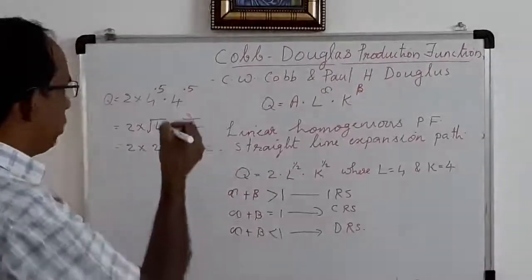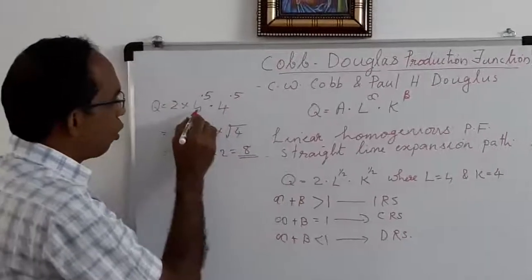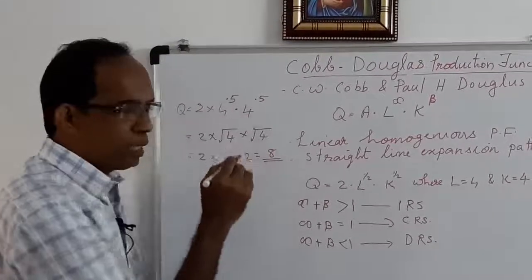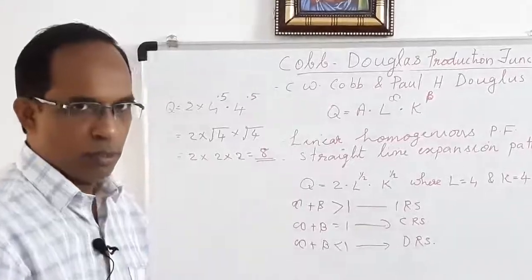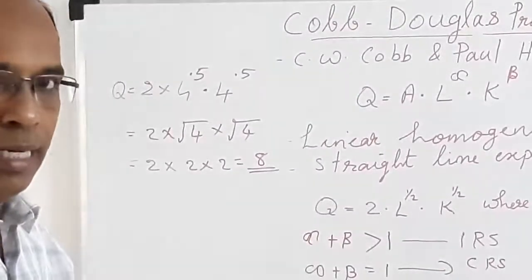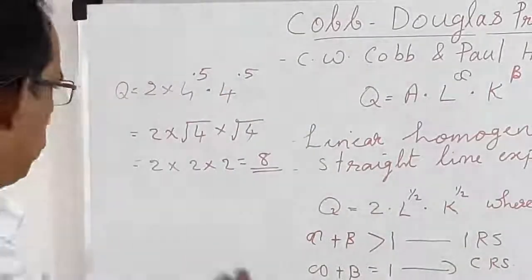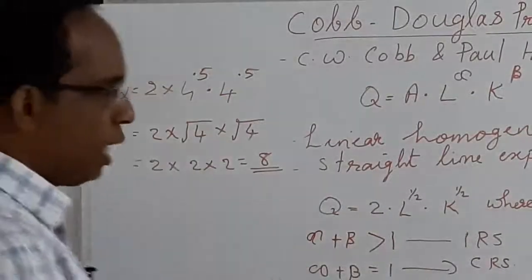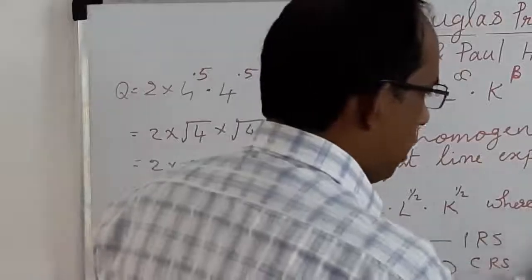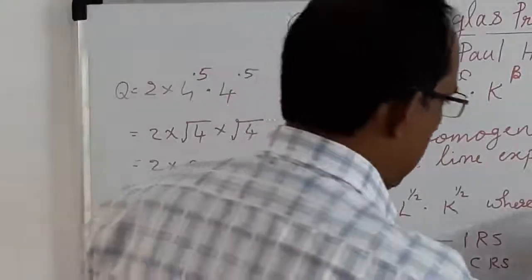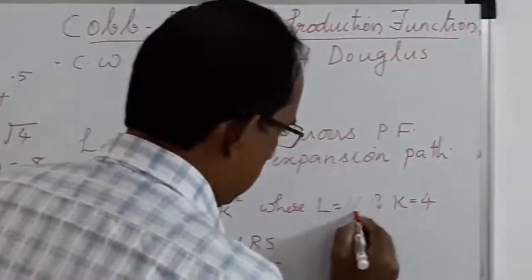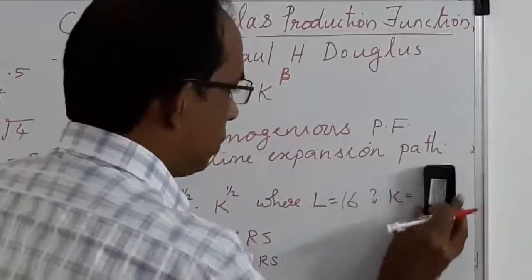Now I am going to increase the number of units of labor and capital 4 times. Let us increase labor and capital by 4 times. So now we are using labor, that is 16, and the capital also 16.